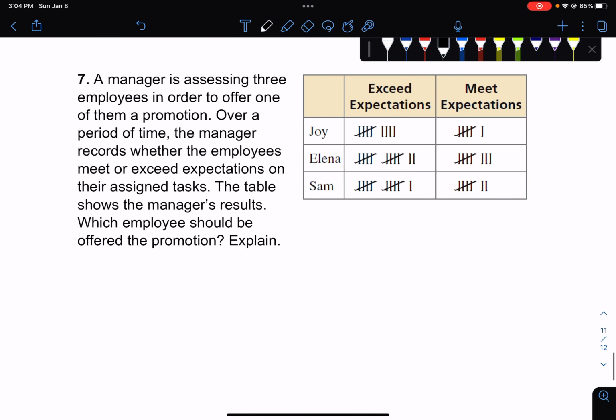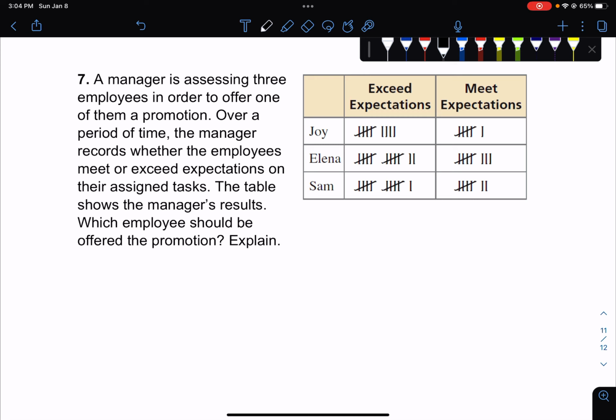Let's do this one. A manager is assessing 3 employees in order to offer one of them a promotion. Over a period of time, the manager records whether the employees meet or exceed expectations on their tasks. The table shows the manager's results. Which employee should be offered the promotion?